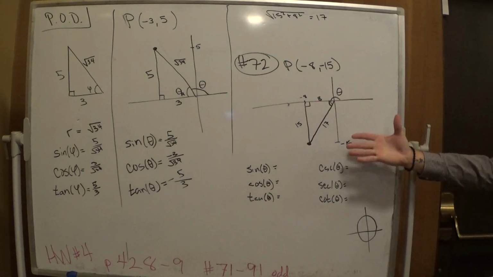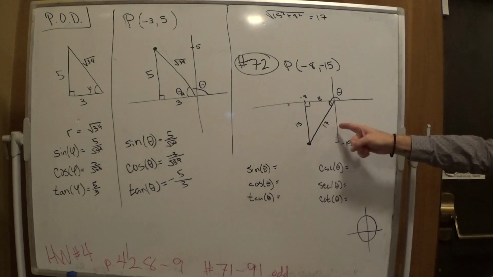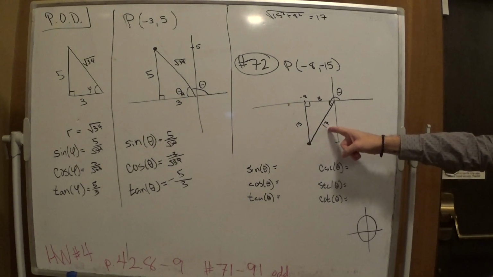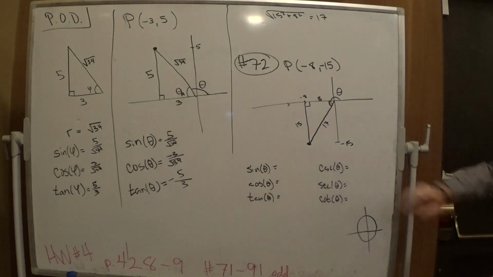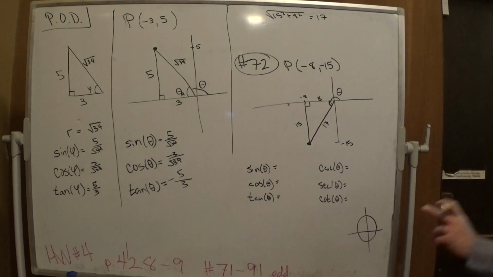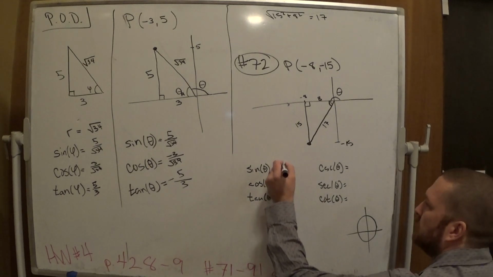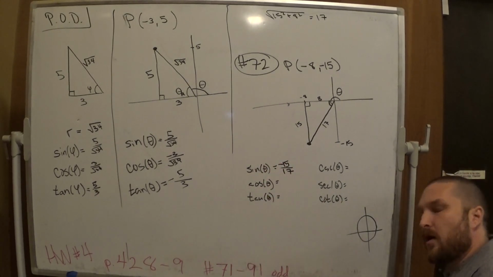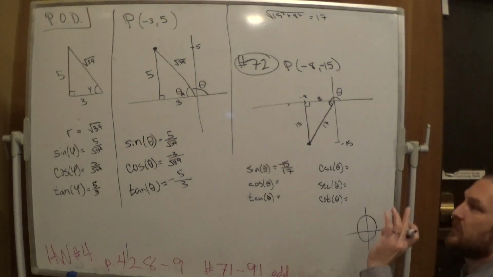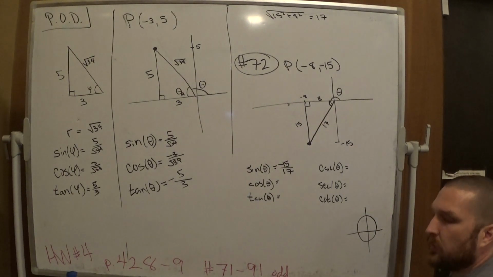Now, of course, we haven't shrunk it, so we haven't done that thing where we divide through by the radius to make it equal to 1. So once again, what is sine theta? Minus 15 over 17. Wait, but would 17 be negative?